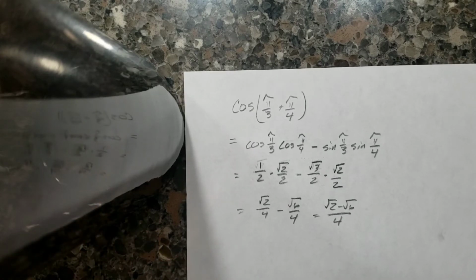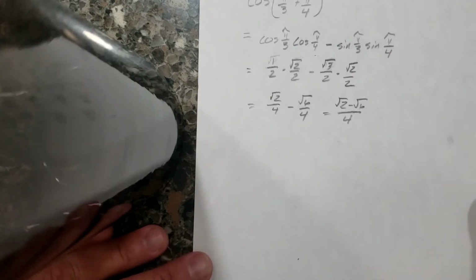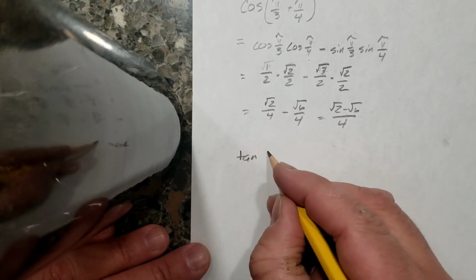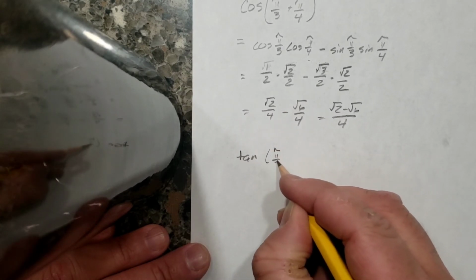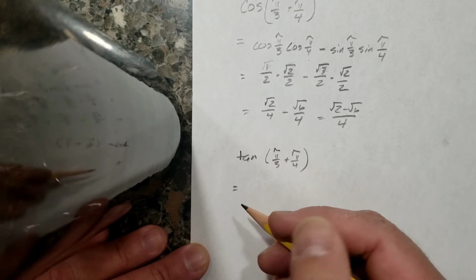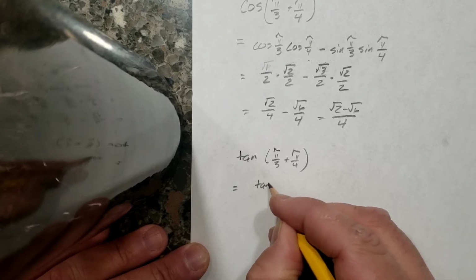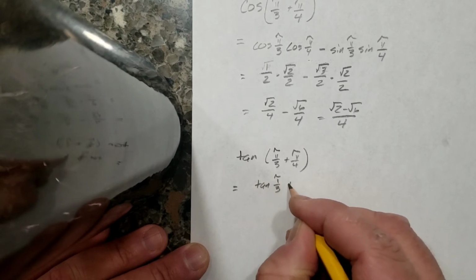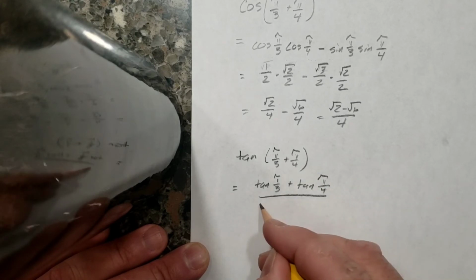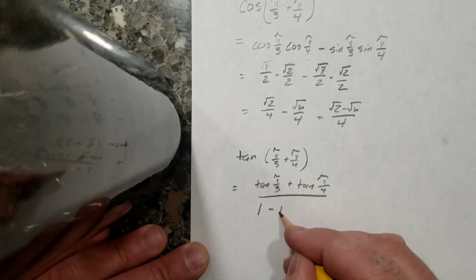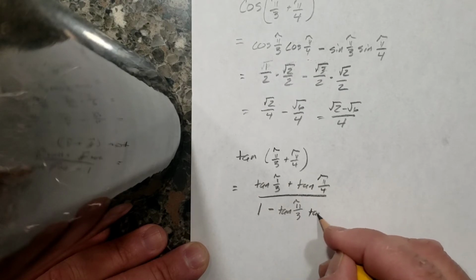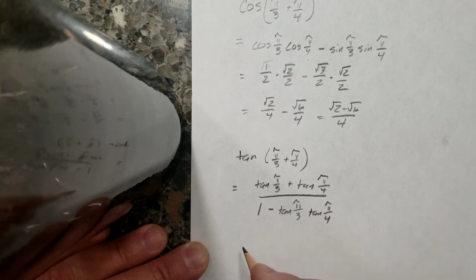There's your answer. Now tangent gets a little more interesting. Tangent of pi over 3 plus pi over 4. And what you're going to get is the tangent of pi over 3 plus the tangent of pi over 4 over 1 minus the product of those two, tangent of pi over 3 times tangent of pi over 4.